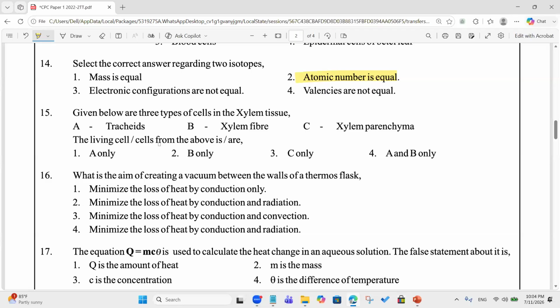It's asking you to find the living cells of xylem tissue. Others, what do you think about this answer? C, right? In the xylem, it has only one living cell type, that is xylem parenchyma. Others, xylem vessel elements, tracheids, and xylem fibers, they are dead or non-living cells. That's how we learn, right? So the answer is the third one, C. Okay. Indunil, number 16.